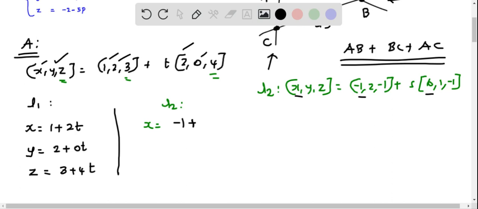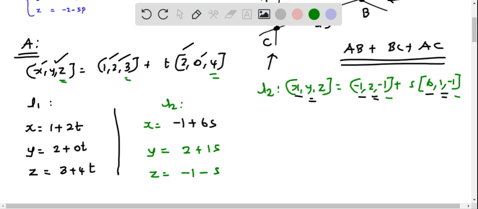Then y equals 2 plus 1s. And finally, z equals negative 1 plus negative s, so it is negative 1 minus s.